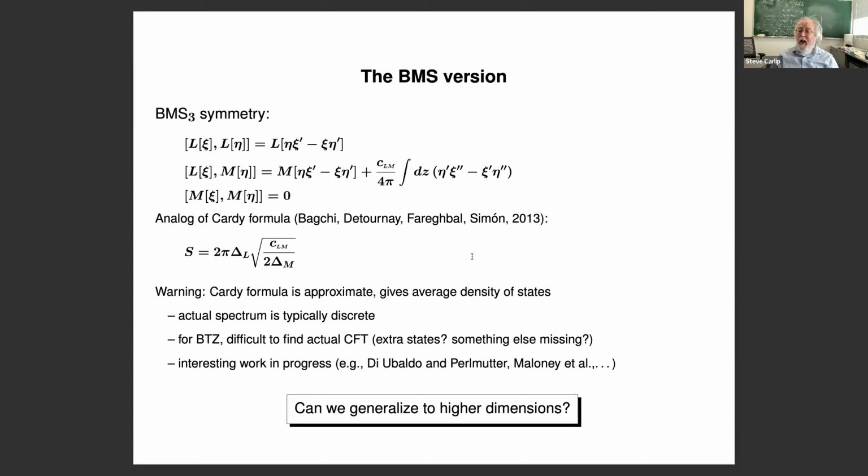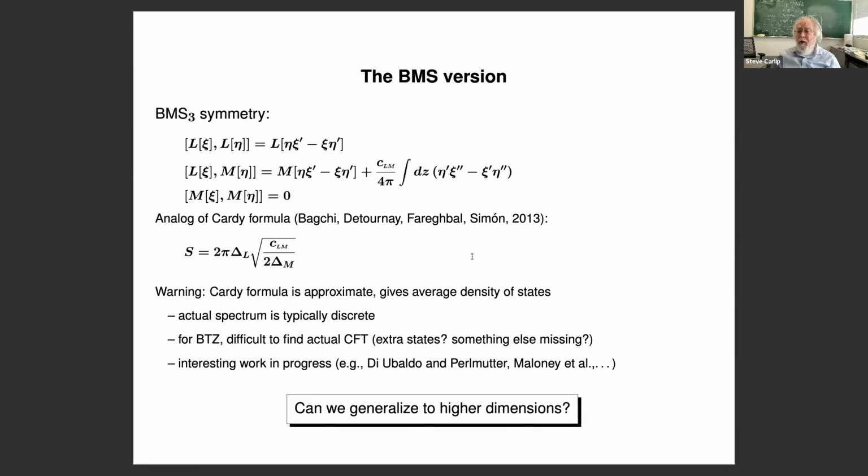But if you look at very fine detail, it becomes a very bad approximation, because a conformal field theory typically has discrete states, while the Cardy formula gives you a continuous density of states. So if you look at high enough resolution, instead of a nice smooth curve, you'll find a series of very sharp spikes.